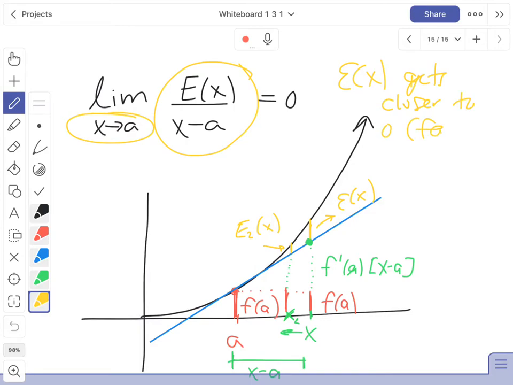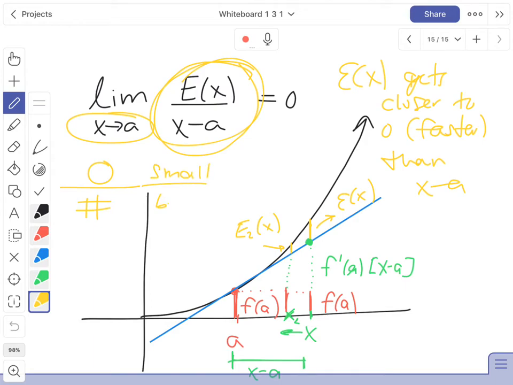In other words, it gets closer faster than x minus A, because we have a fraction that's going to go to 0, and a fraction is only going to go to 0 if the numerator is really small and the denominator is really big. So it's just a nice fact, and it kind of proves that this is always going to work. If we take the points that we don't know and get closer to the point that we do know, that error should obviously go to nothing.